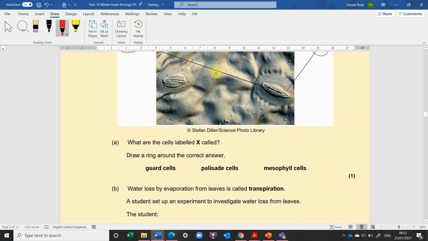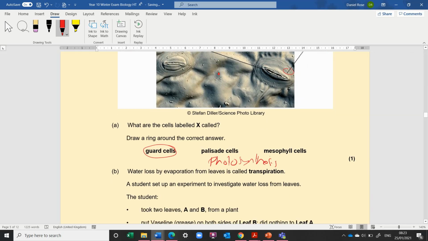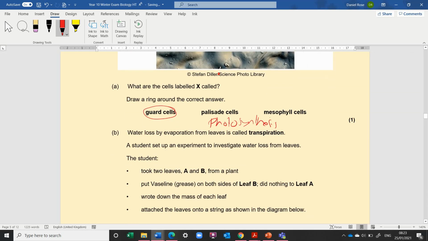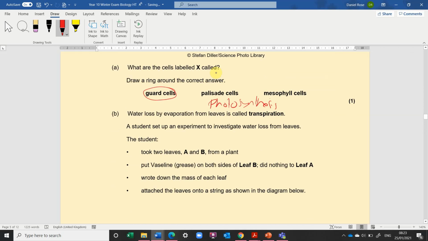So it's about the cells on the outside labelled X. Well, the guard cells are the ones that guard that opening and help to open or close that gap. Palisade cells, remember they're involved in photosynthesis. And the mesophyll cells, they're the ones in the middle of the leaf, and they have lots of gaps between them to let oxygen and so on in.